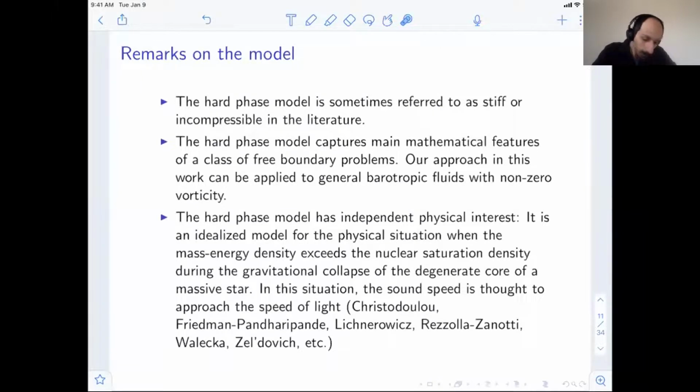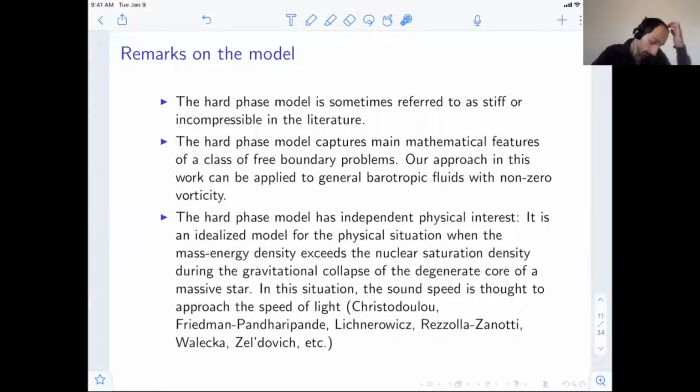Okay. Maybe a few remarks about why this model. First of all, I should say that it goes by a few other names, as stiff or incompressible also. Naively, it looks divergence-free, curl-free. So I guess that's why they call it incompressible. But of course, it's different because this divergence is the space-time divergence.